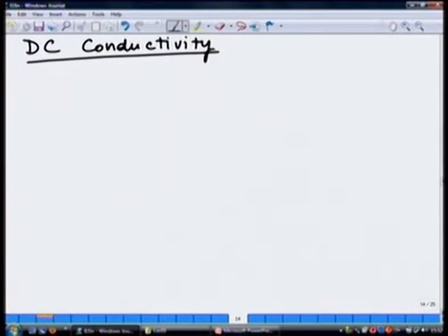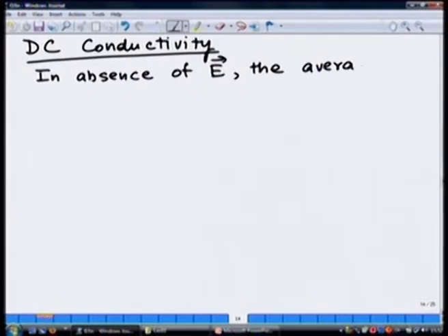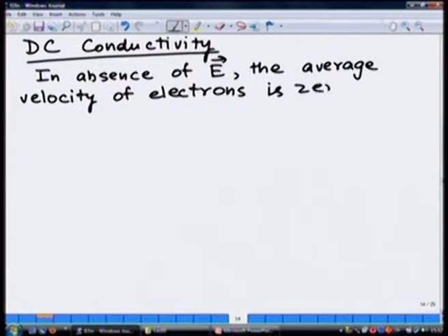What do I mean? The question is, when you apply an electric field, what happens? In the absence of an electric field, what happens? The average velocity of electrons is 0. It is exactly 0. Why?